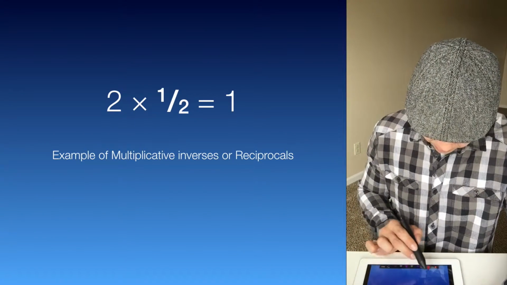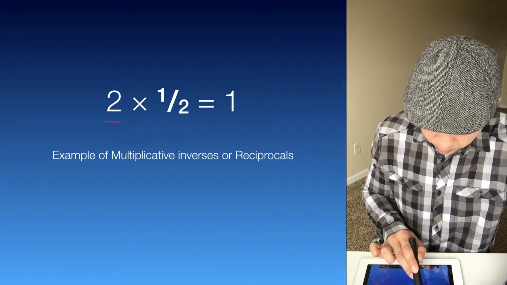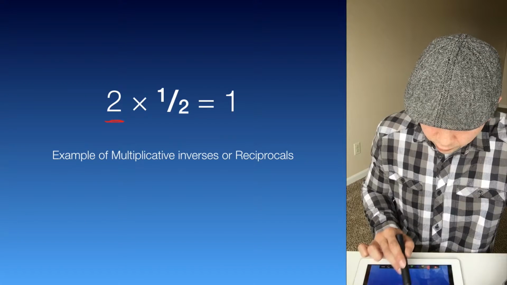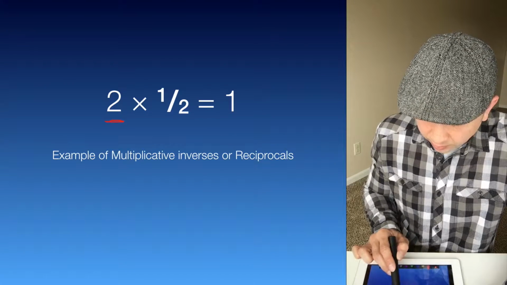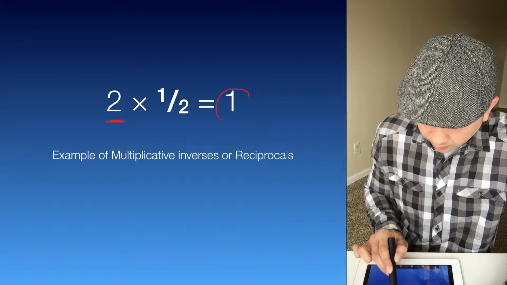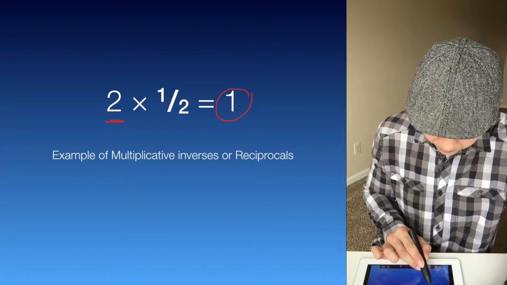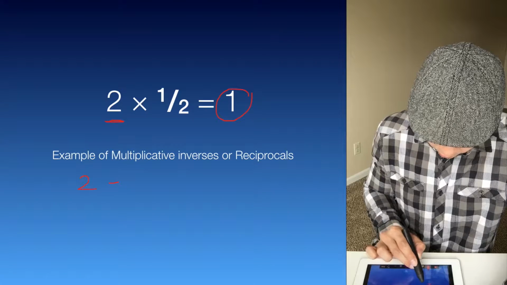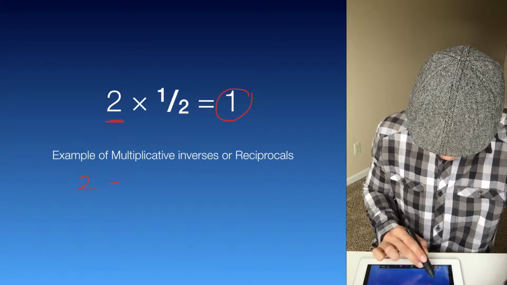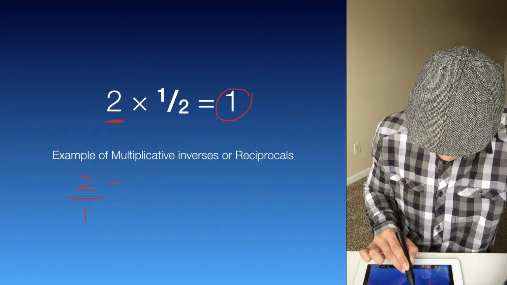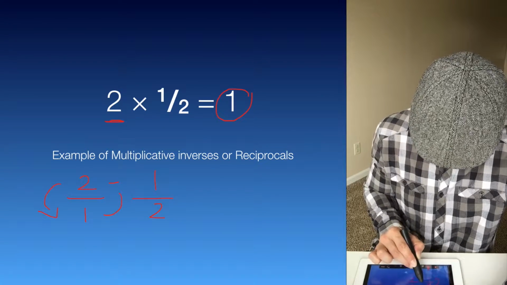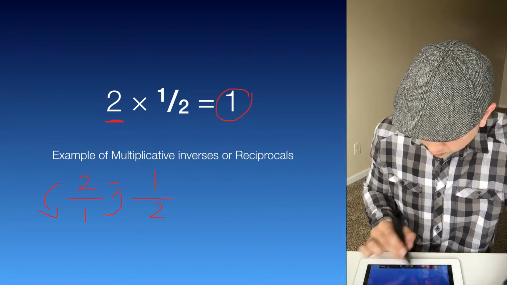We see that 2 can be written as 2 over 1, and we can write its reciprocal as 1 over 2 by flipping it.